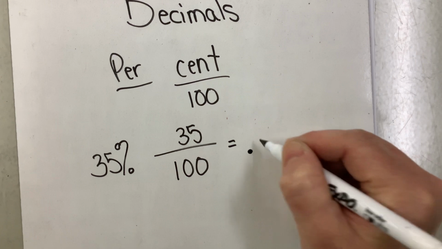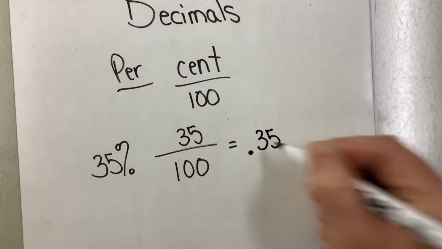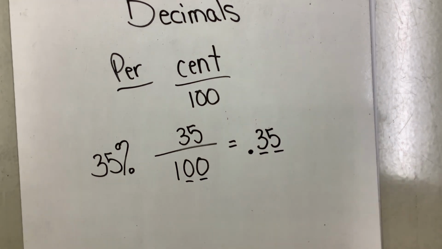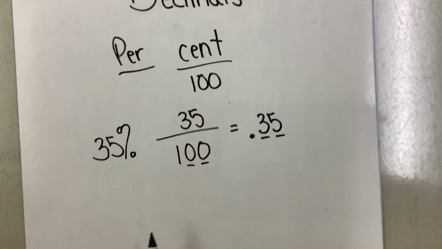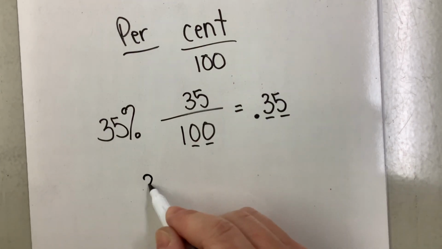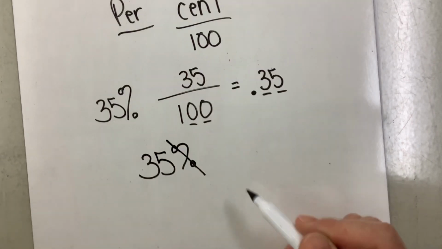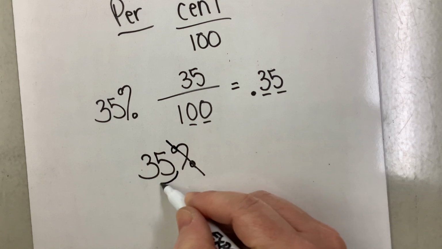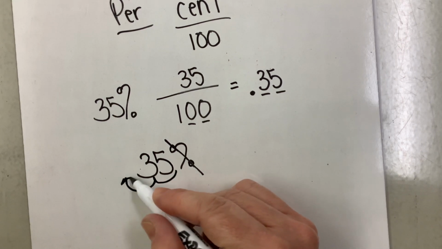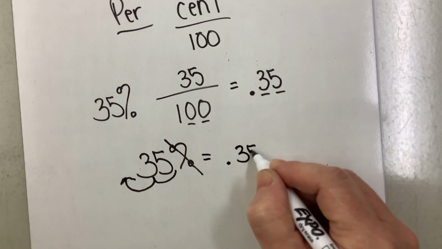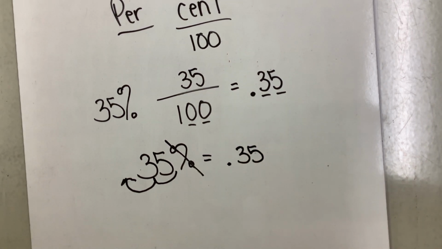That means 35 hundredths. 2 zeros, 2 spots after the decimal. So whenever you're doing a percent, all you need to do is take off the percent sign and move the decimal 1, 2 times to get the decimal amount, which will help you put this into a calculator.